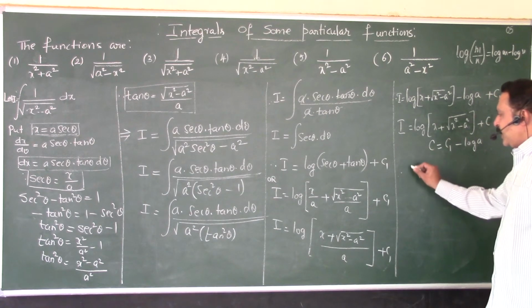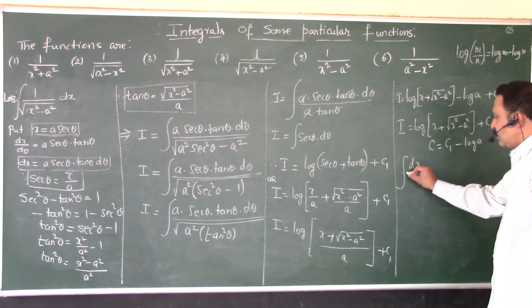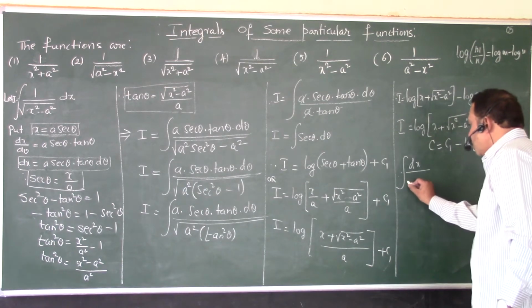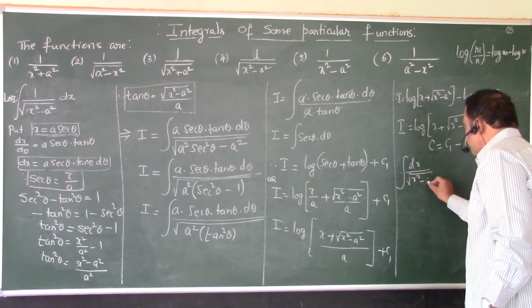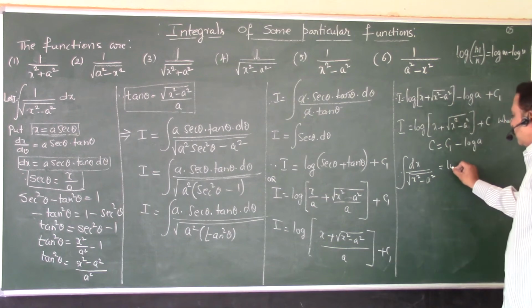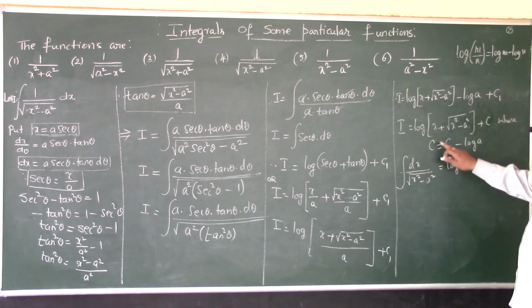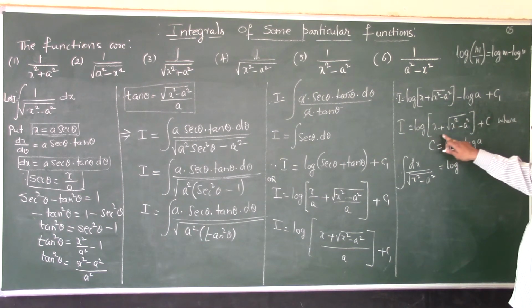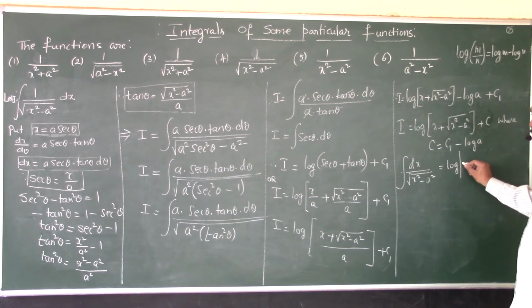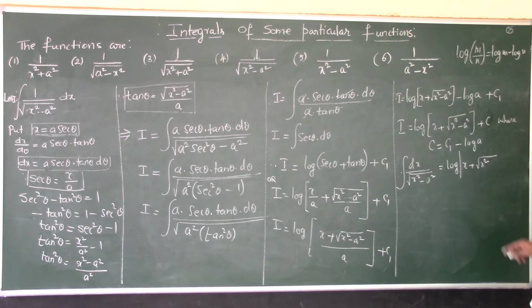Therefore, what is the final integration of the expression dx by root of x square minus a square? The answer is logarithm of modulus of x plus root of x square minus a square, plus the constant of integration C.